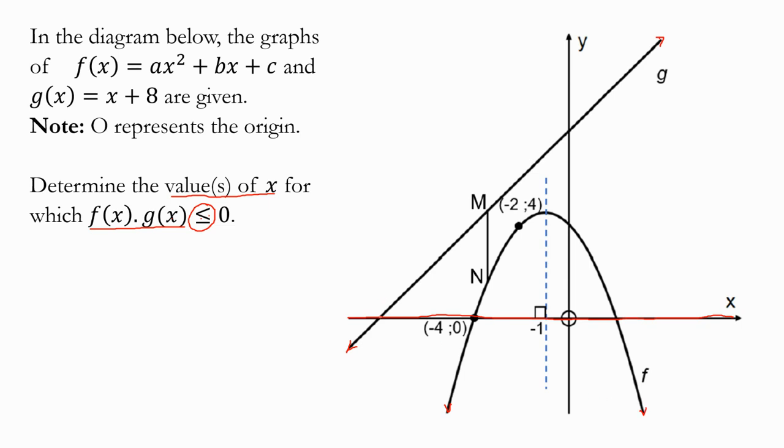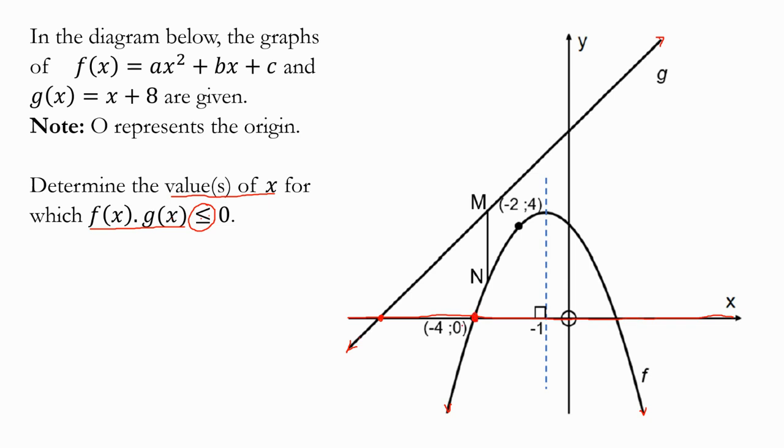Now, at this point, g of x is equal to 0. But if you move to the left, g of x is below the x-axis, so it's negative. If you move to the right of this point, g of x is above the x-axis, so it's positive. And then f of x is equal to 0 at this point.